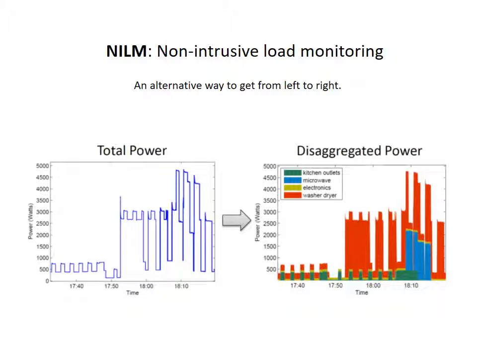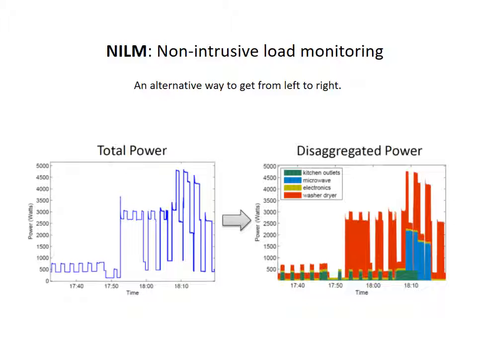So this is a figure, or series of figures, that I showed in the last lecture. On the left, it represents the total power consumption for a particular household over about 40 minutes. Obviously this is a very dynamic signal, and this blue signal is what the utility would see coming from a household with a smart meter in place.